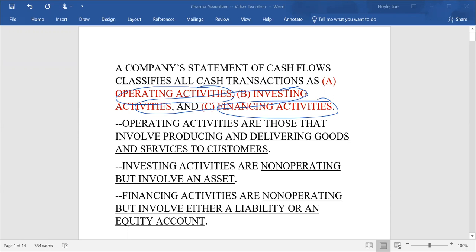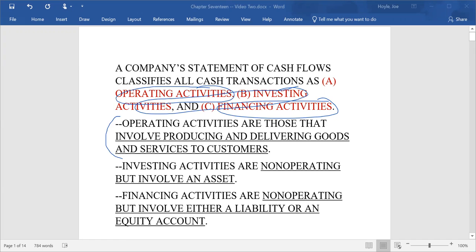What do they mean? Well, operating activities means that this is cash that was generated by producing and delivering products or services. In other words, this is the cash that the company got from its primary business operation. If you're in the business to make pizzas and deliver them, then anything that you get from selling pizzas or selling salads or selling soft drinks would fall under operating activities.